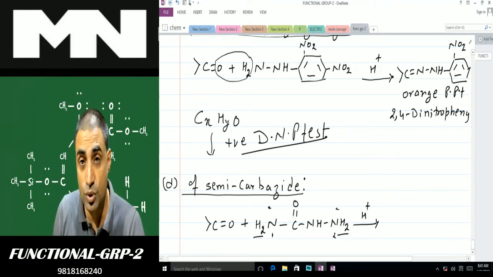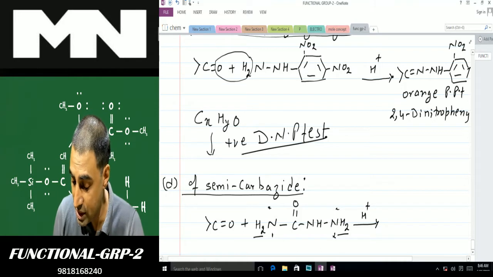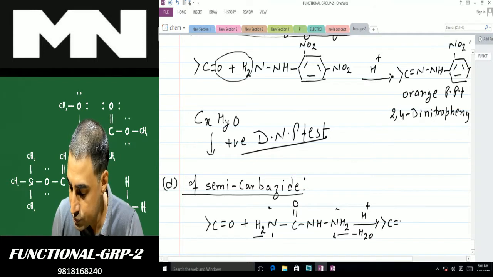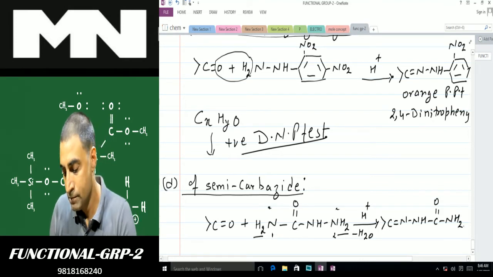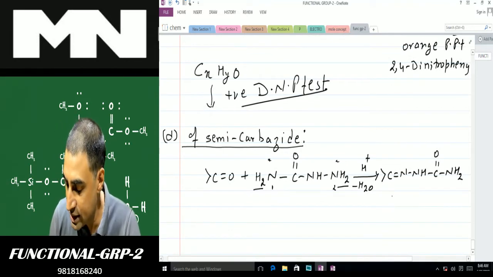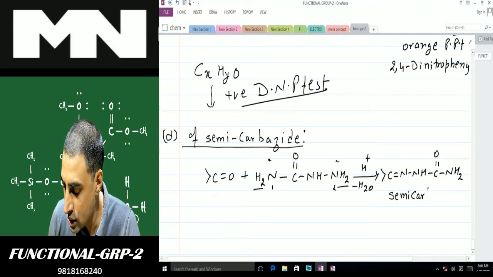The question comes to our mind, why? First I'll show you the compound. H2O will come out. You will get a compound like this, that is N, single bond NH, CO, NH2. From semicarbazide, you are getting semicarbazone.